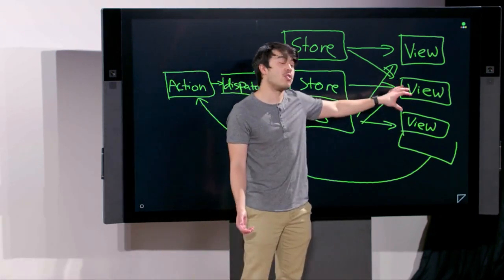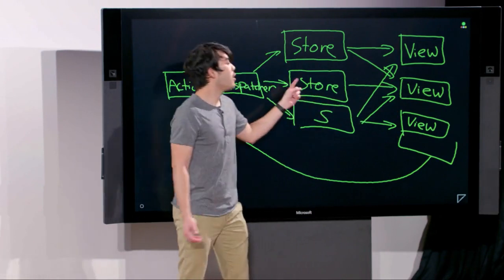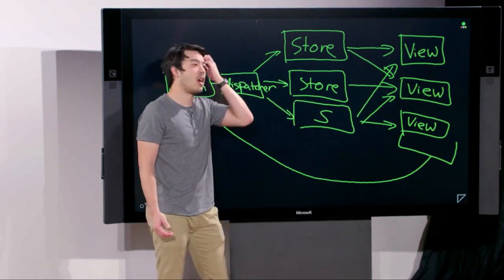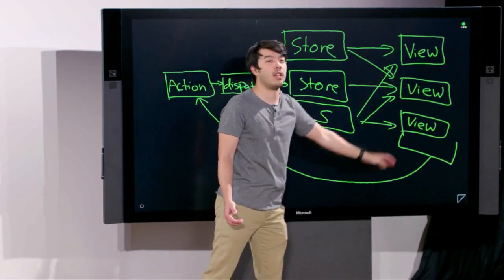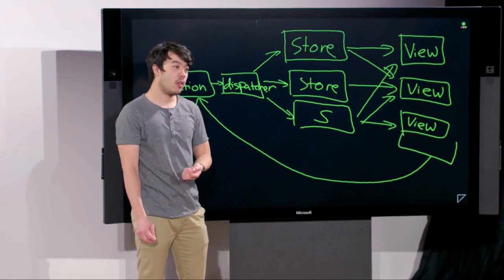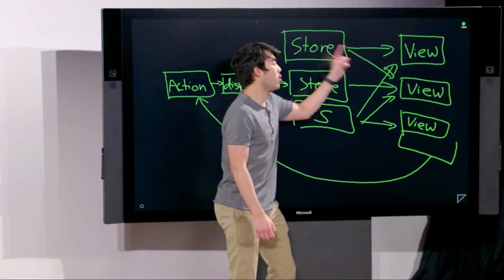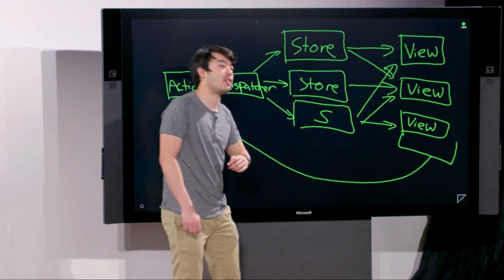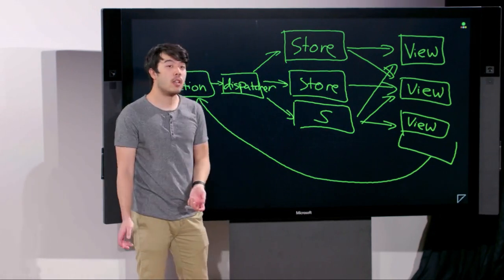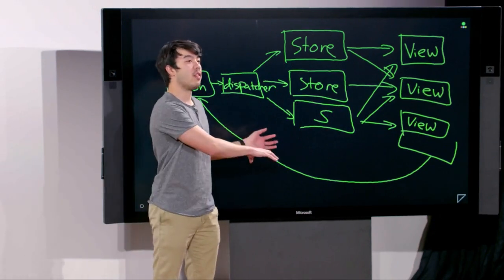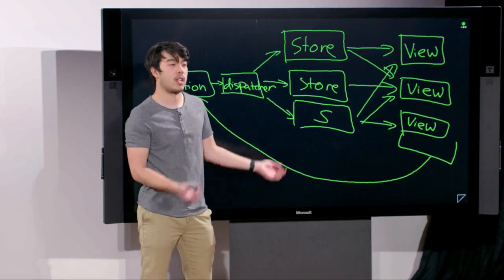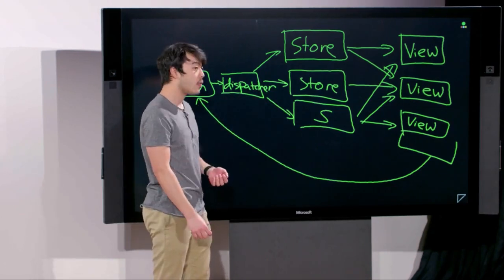And how do these views know what they should render? Well, they get that information from stores. And as stores are updated, the views are automatically notified that they should re-render. And so there's no arrows that are going back and forth here, so the complexity is an order of magnitude smaller, because the views only care about the information that they're getting from the stores, and they're automatically notified when that information changes.